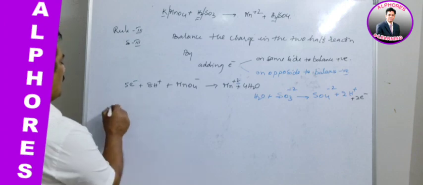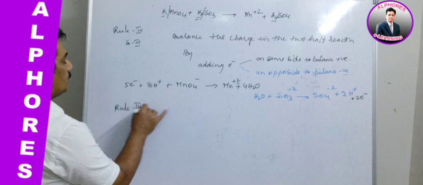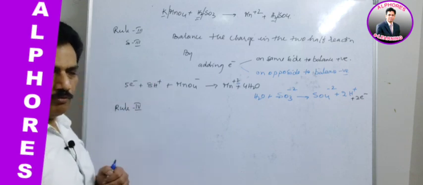And now we have to go for rule 4. That means after completion of the 3 steps, rule 3 is over, and now we come to rule 4.